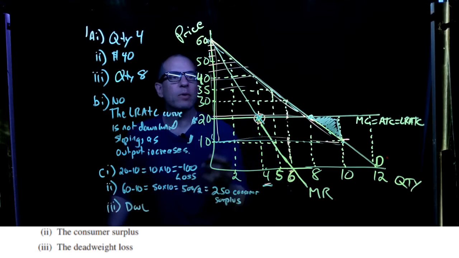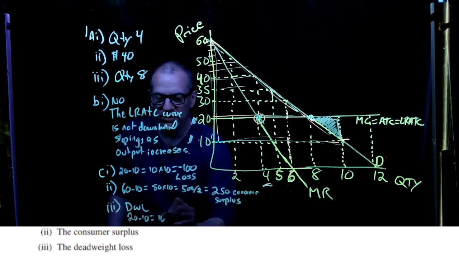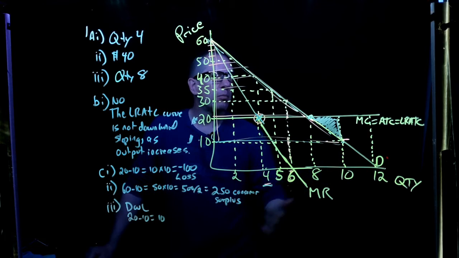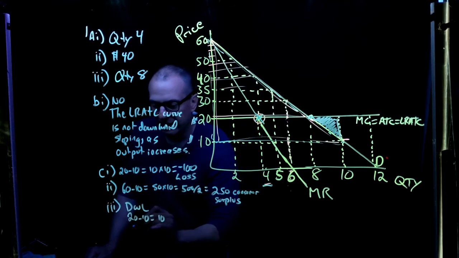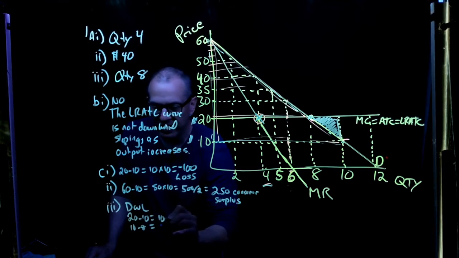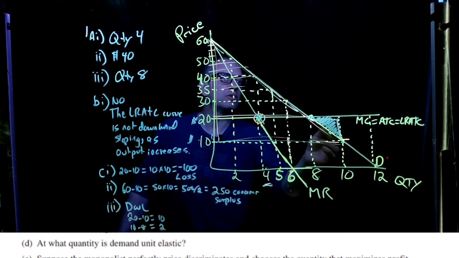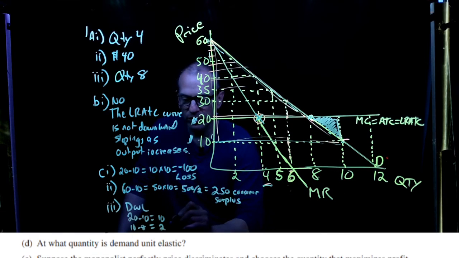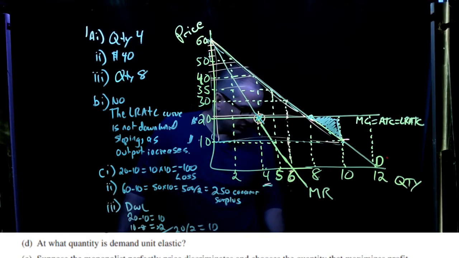So to figure that out, we take the difference, 20 minus 10 gives us a cost of 10, and we have a quantity of 10 minus 8, so that gives us 2. So when we're looking at the difference between these two to get this area of the triangle, you do 10 times 2 is 20, divided by 2 equals 10. So there's a $10 deadweight loss that's occurring there.